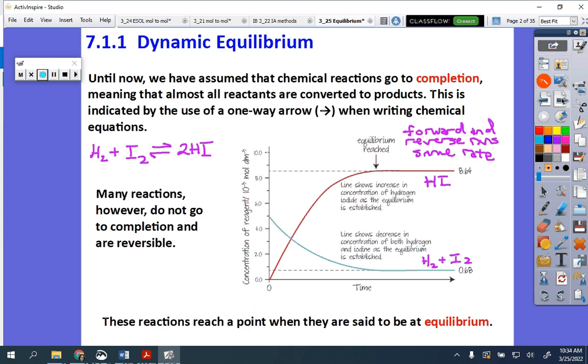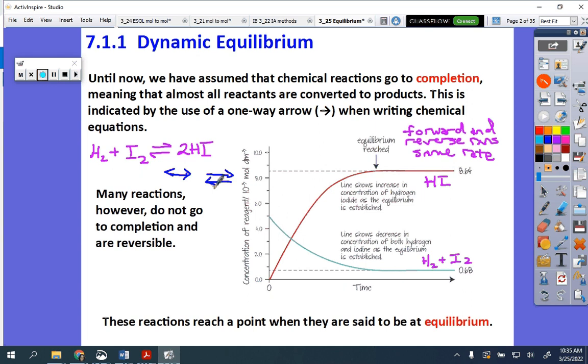So this is an example that's being shown in this schematic here. Hydrogen and iodine combining to form hydrogen iodide, or hydroiodic acid. This is a reversible reaction. We draw the arrow going in both directions. You can draw it like this, or you can draw two arrows like that.